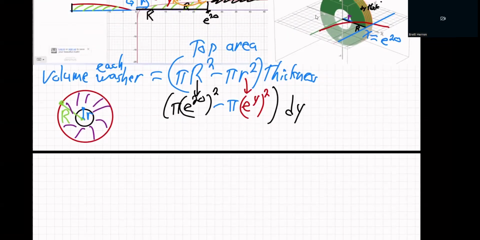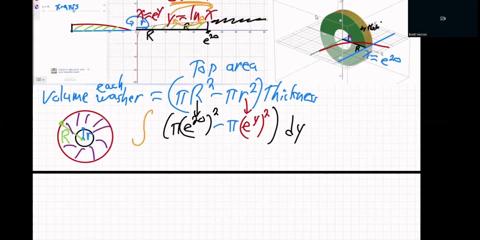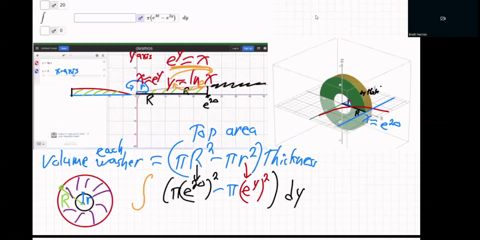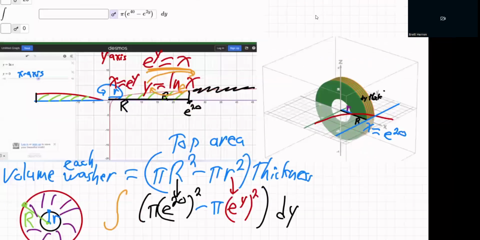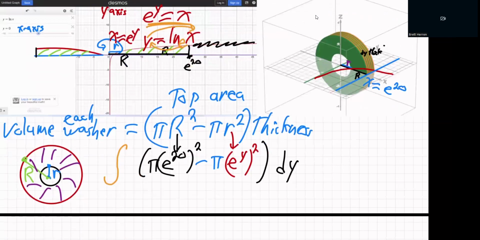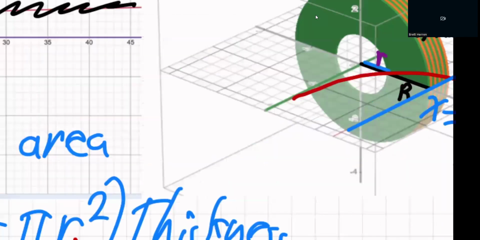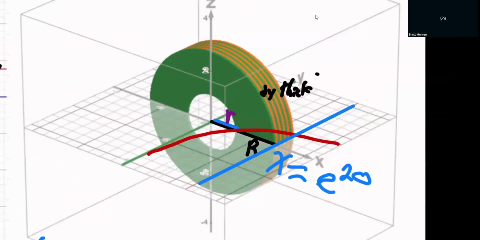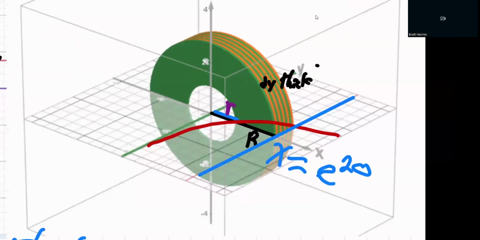Okay, there we go. And then we just need to add that up. We need to integrate that. Need to sum up all those disks from where to where. Well, we're going along the y-axis, aren't we? You can see it, right? We're going in the y direction. It's hard to have room anymore in this thing.